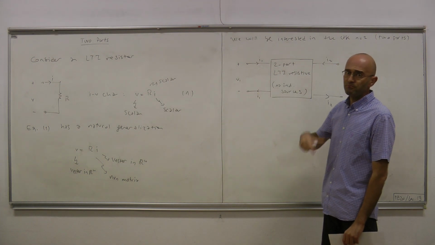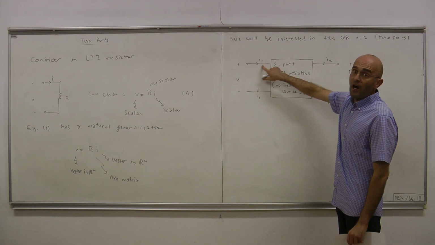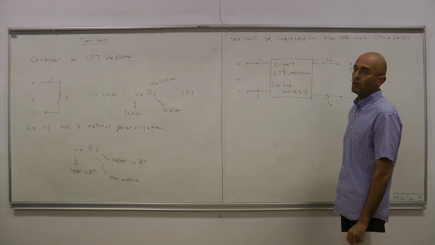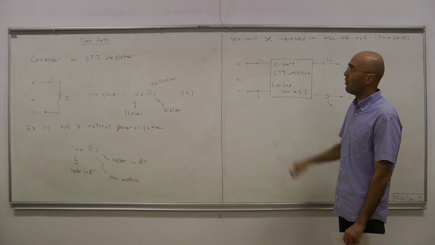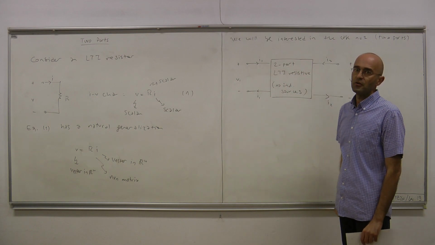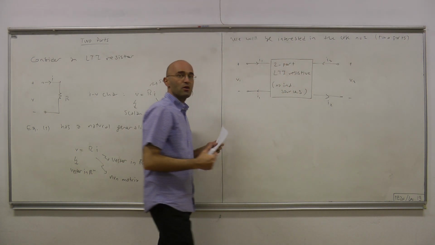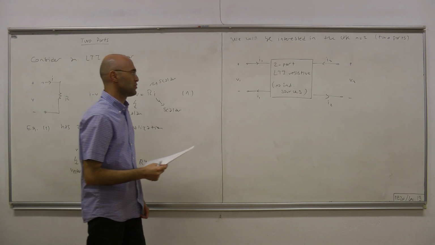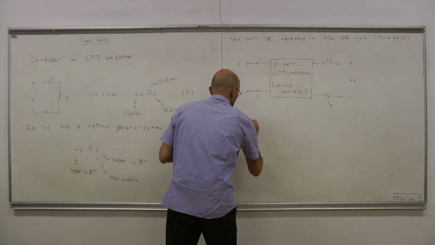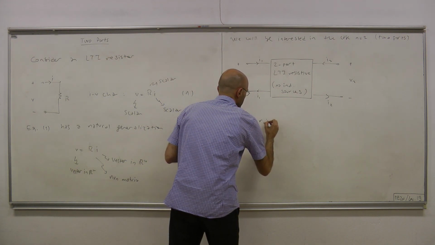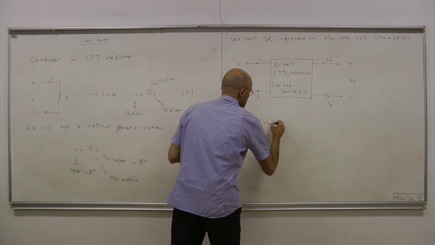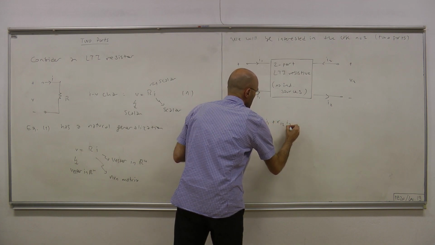Therefore, V1 depends not only on I1 but also on I2. Likewise, V2 depends on the pair of currents I1 and I2. That dependence is linear, because we're considering an LTI resistive circuit. By that we mean the following: V1 equals R11 I1 plus R12 I2.